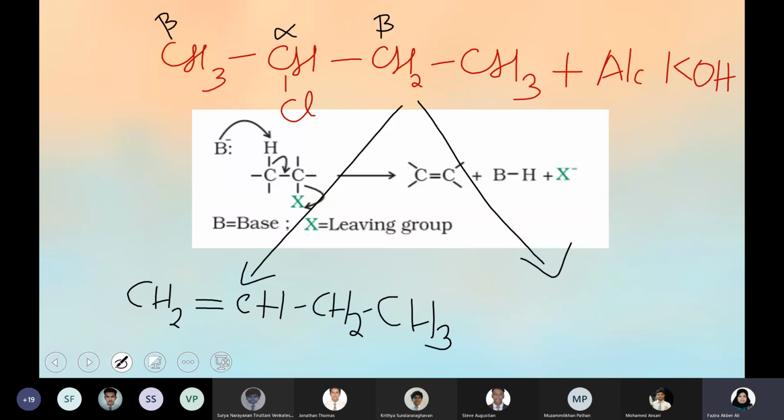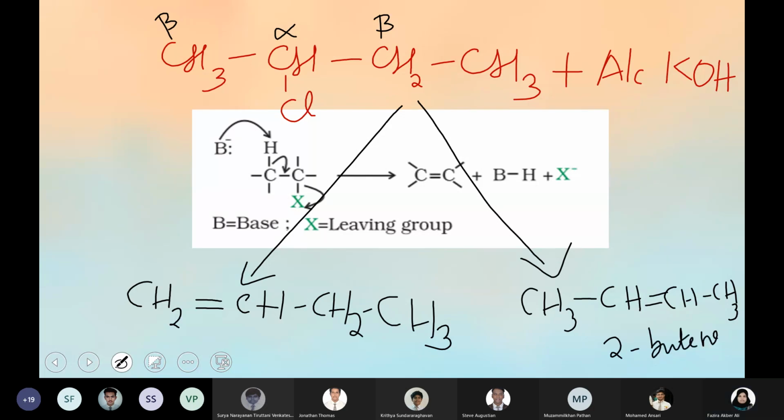If beta hydrogen is removed from the other side of the alpha carbon, then the product formed will be CH3CH=CHCH3. So one is 1-butene and the other is 2-butene. So last year also we discussed this point.